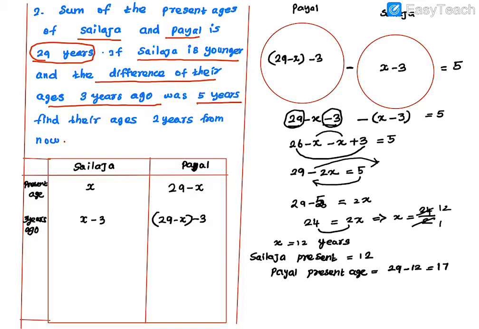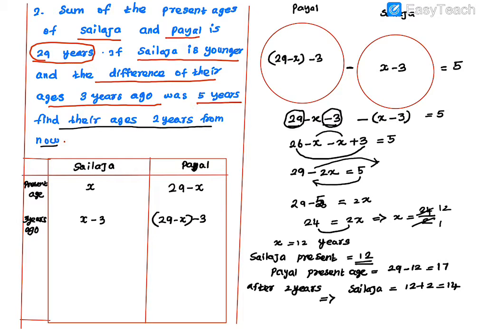Now what they asked: find their ages 2 years from now. So 2 years from now means we have to add that number. After 2 years their ages will be, so we have to add 12 plus 2. So Shailaja will be 12 plus 2, which is equal to 14 years old.